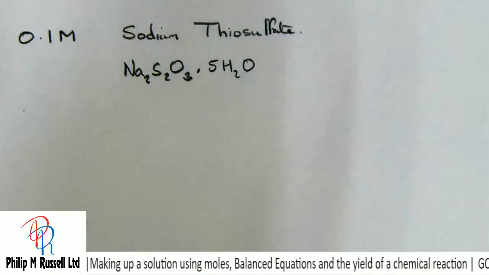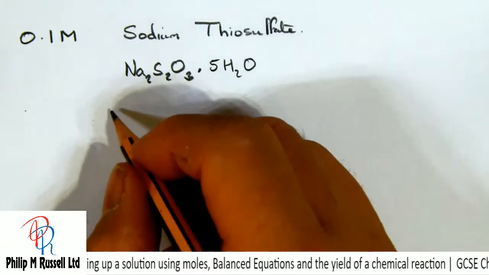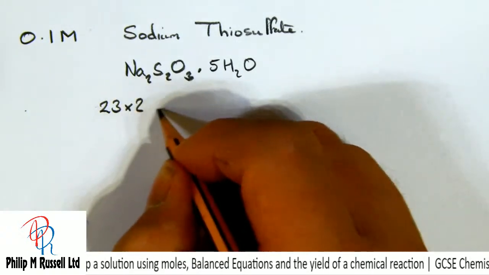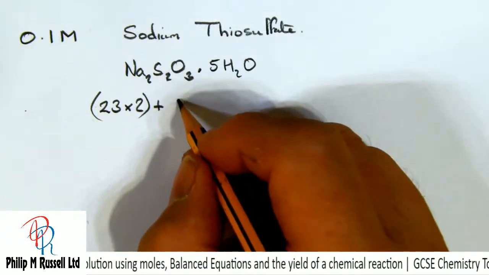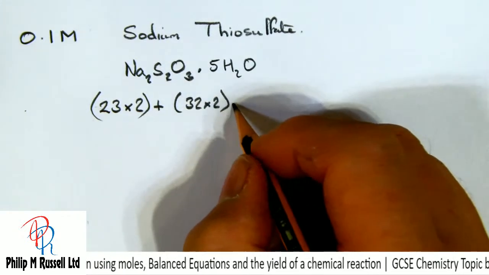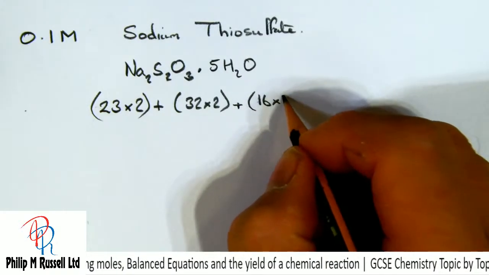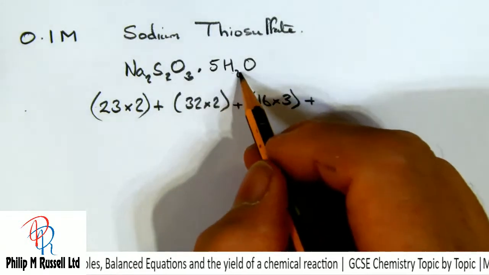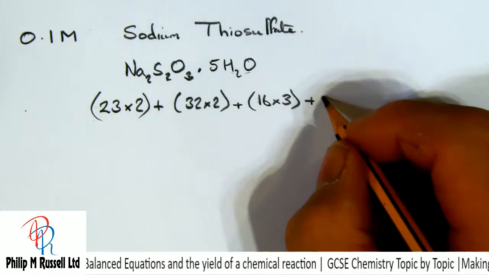So we need to work out all of this. So my formula for this is going to be, I've got 23 times 2 plus, I've got to have sulfur, which is going to be 32 times 2, plus I've got my oxygen, which is 16 times 3, plus we're going to need my water, which is going to be 18, I can work that one out, times 5.